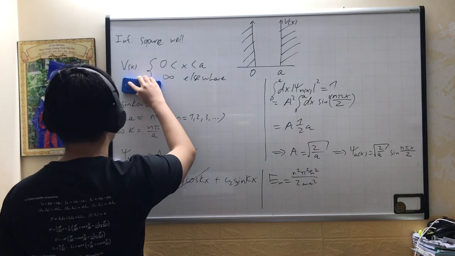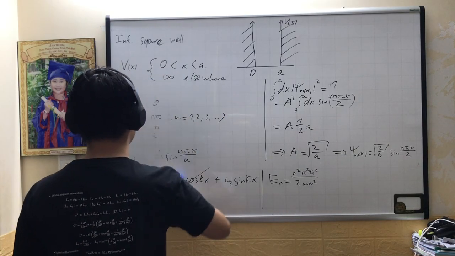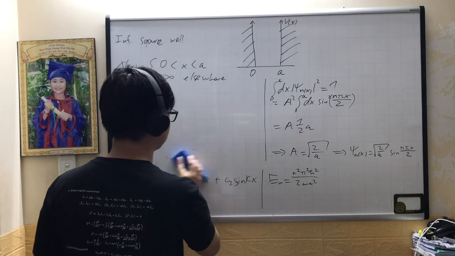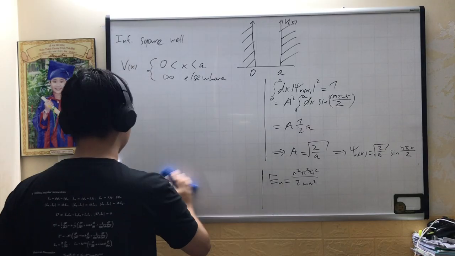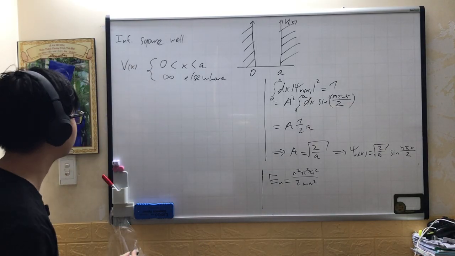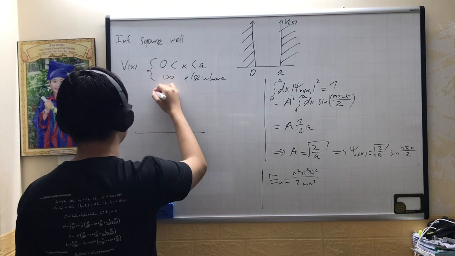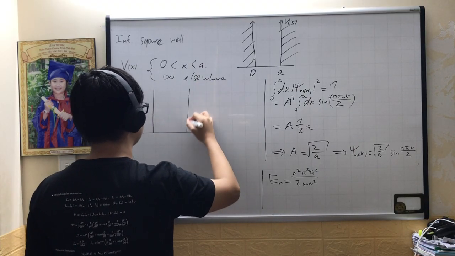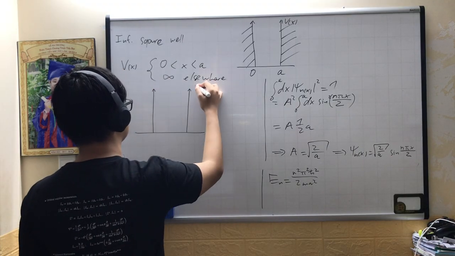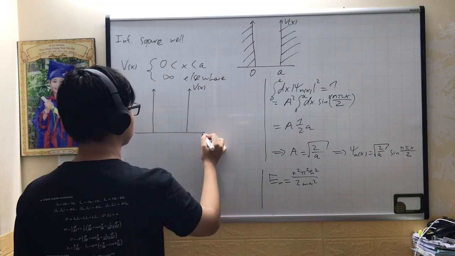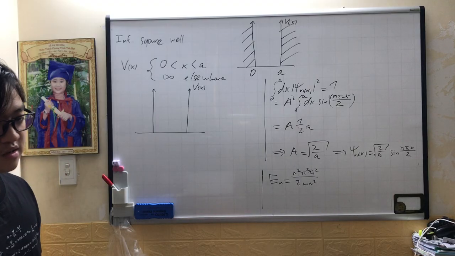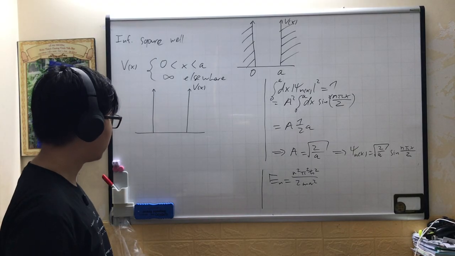This part is good. It was a little bit too far away from me, and I don't like that. Okay, let's draw another one. This is your V of x.